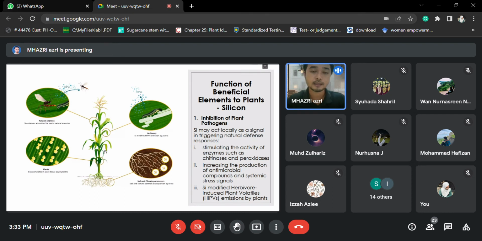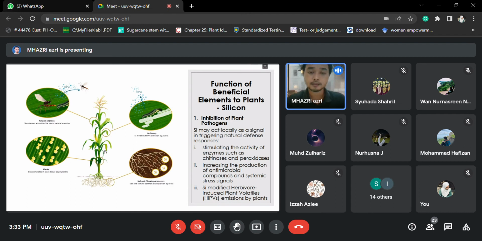Okay. Tadi selain daripada pokok ataupun tisu yang being attacked by pathogens, dihasilkan ROS, dihasilkan compound that can increase the cell wall strength, dihasilkan salicylic acid.